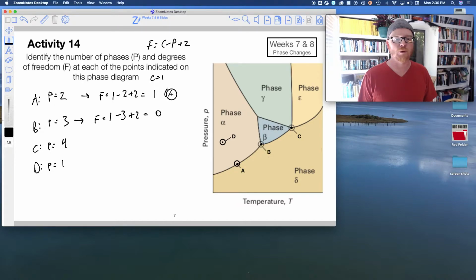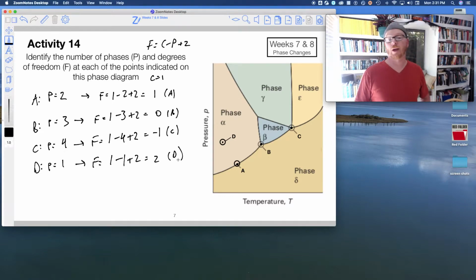What about point C? F equals 1 minus 4 plus 2, and that actually gives me -1, and we'll talk about what that means in a moment. Finally, at point D, F equals 1 minus 1 plus 2, and that equals 2. So what does all of this mean? Well, at point A, I only have 1 degree of freedom.